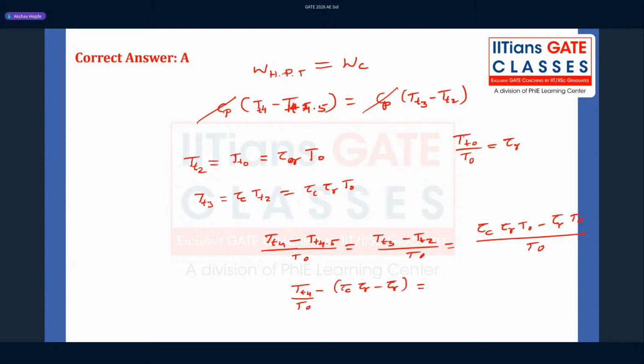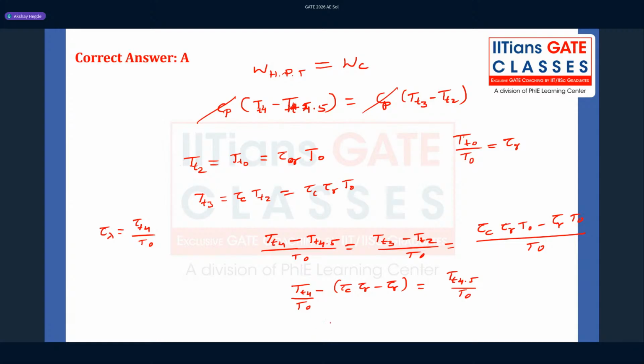So what is T4 by T naught from the given condition? That is nothing but tau lambda, as given in the question.